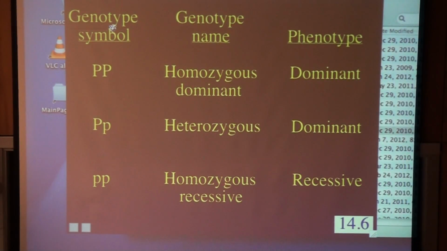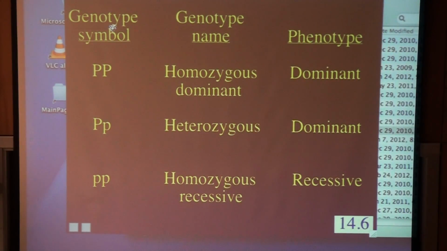Now, remembering that every organism has two of each gene, because we always have two parents, each organism is going to have two alleles. They might both be the same allele, or they might be the dominant or recessive allele in that organism.